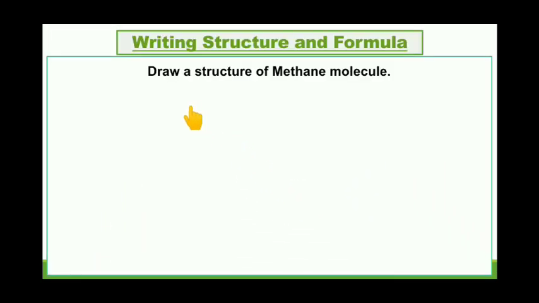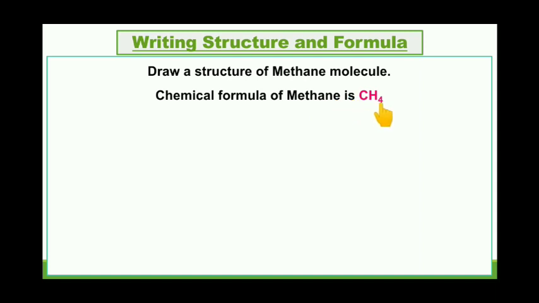Now that you have learned the rules of writing the names of the hydrocarbons and the concept of prefix and suffix, let us practice to write the structure and formula of some hydrocarbons. Example 1. Draw a structure of methane molecule. Methane. So chemical formula of methane is CH4.